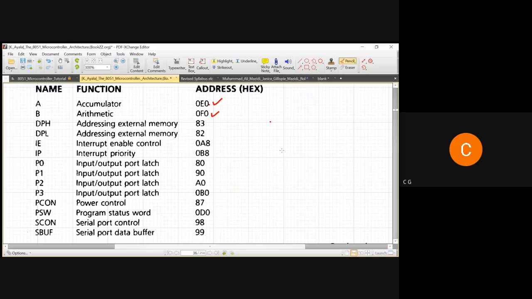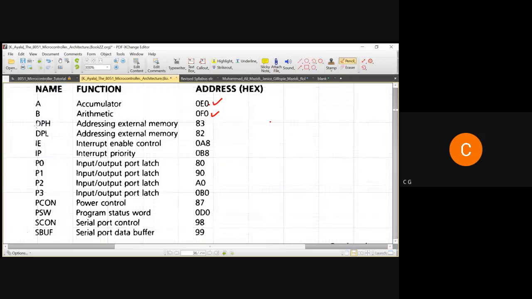Then there is an address external memory. Okay, so if you want to use external memory, then you can go up to some 4K or 64K kilobytes of addressing. Sorry, 64K means 64,000 addresses are available.